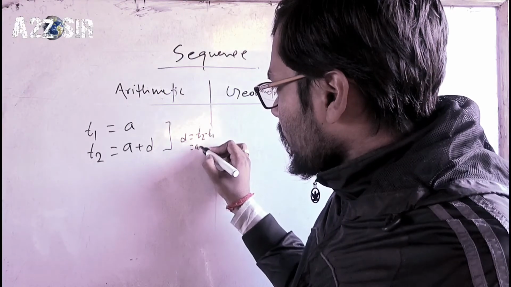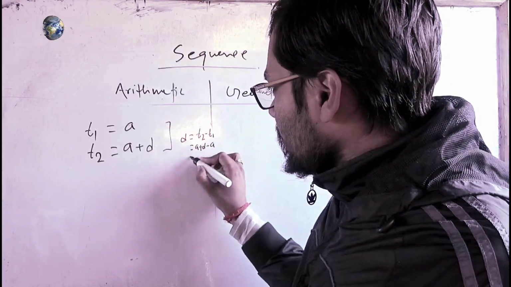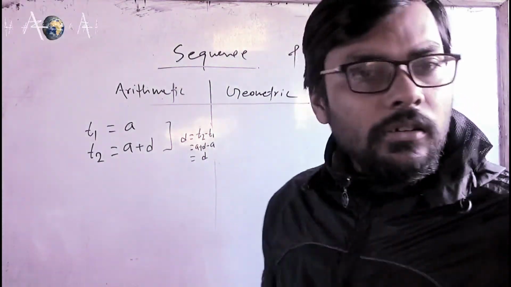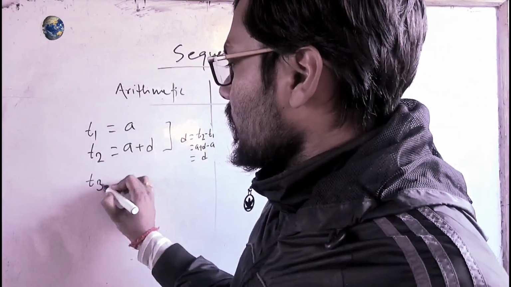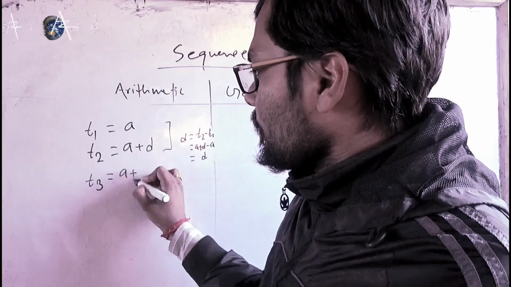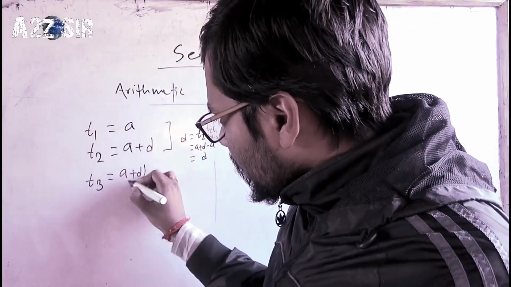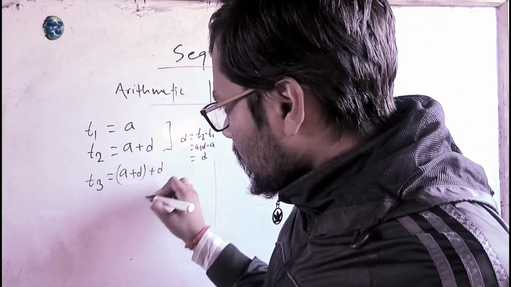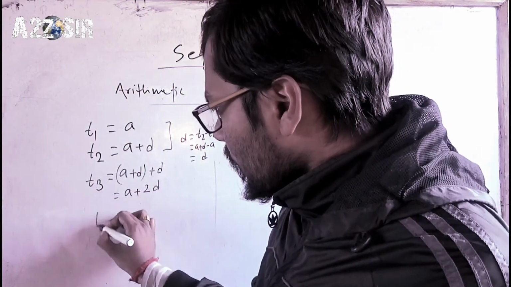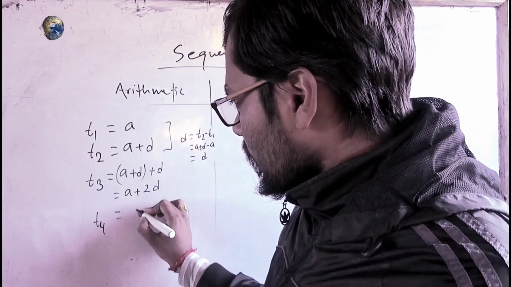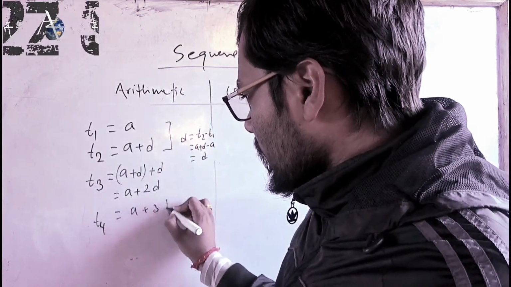So a plus d minus a becomes d. Similarly, the third term T3 is a plus d plus d, which becomes a plus 2d. Similarly T4 is a plus 3d.